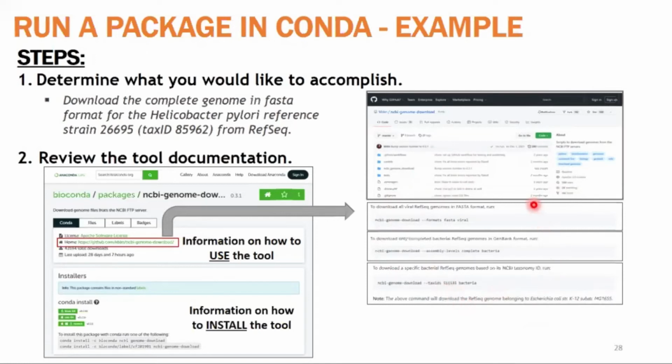As I scrolled through the information, I came across instructions for how to download reference sequence or genomes in FASTA format, as well as how to download complete genomes, and how to download genomes corresponding to a specific tax ID. So it looks to me like I'm going to have to include a few different options in my code to achieve my task.